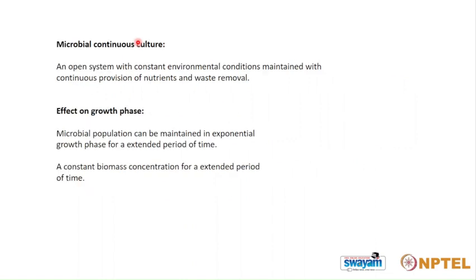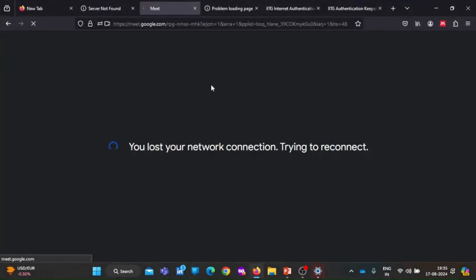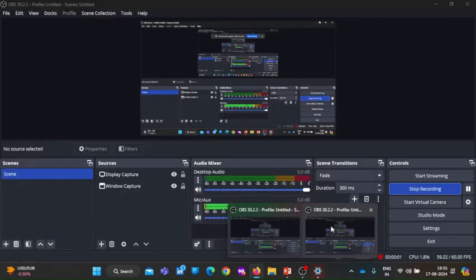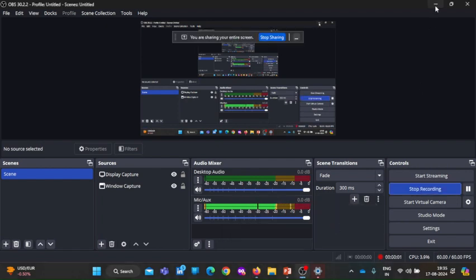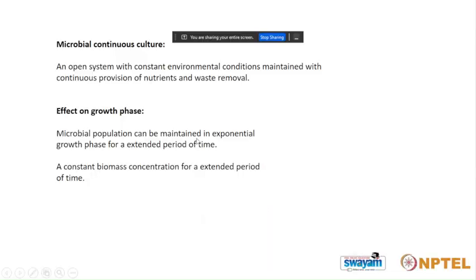If the nutrients are continuously supplied, they will be maintained in the exponential phase. So by applying the continuous culturing method, the exponential growth phase of microorganisms can be extended. That is the advantage of microbial continuous culture.